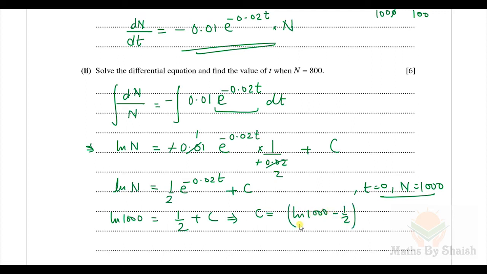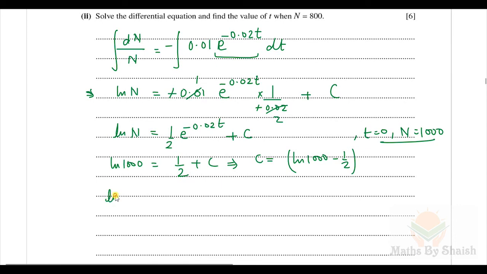Once we have the c value, we put it here, and we will get ln n is equal to 1 over 2 e raised to the power minus 0.02 t plus ln 1000 minus 1 over 2. And this is the equation. We can write it in terms of n also, but that is fine.